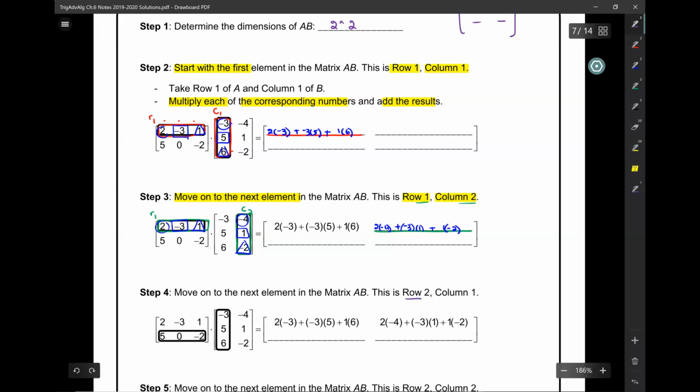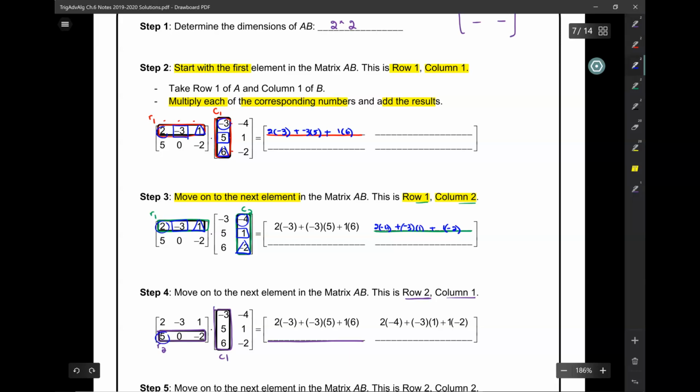Move on to the next element. Now we're going to do row 2, column 1. We're going to do this one. This is row 2, column 1. So I always do that: I underline the space that I'm going to populate, and I ask myself, what position is this? Oh, it's row 2, column 1. That means I need to take row 2, column 1. And now I do the same thing.